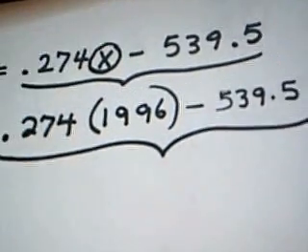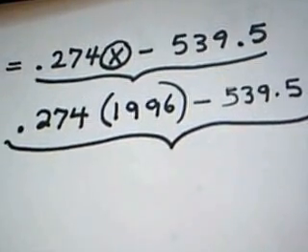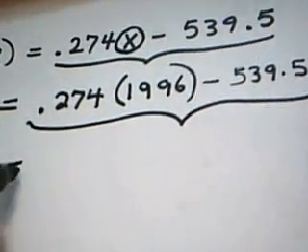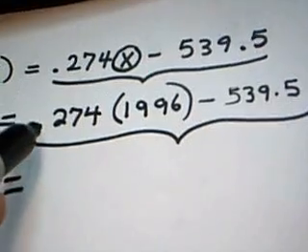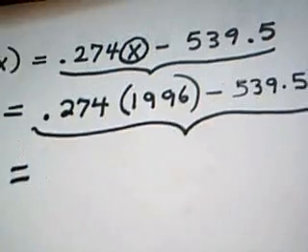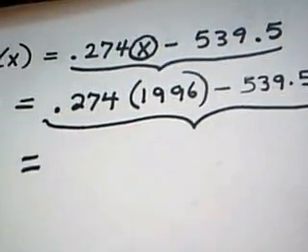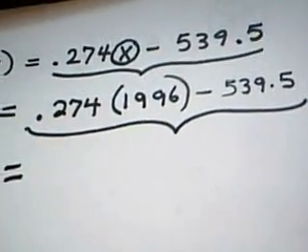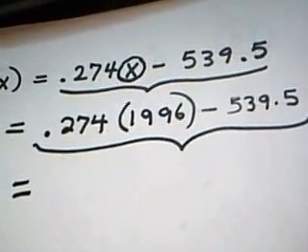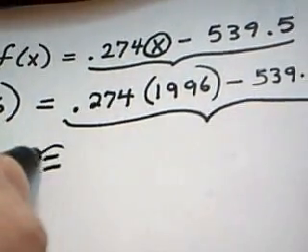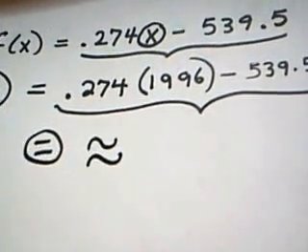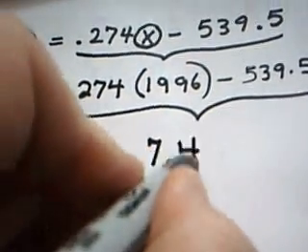Well, what I would do at this point is pull out my calculator. I'm not about to do this by hand. I would take my calculator, 0.274 times 1996, hit enter, in other words get an answer to that, and then minus 539.5. And when I did this on my calculator earlier, I came out not with an exact answer, so I'm not going to say equals, but I'm going to say approximately equal to the number 7.4.